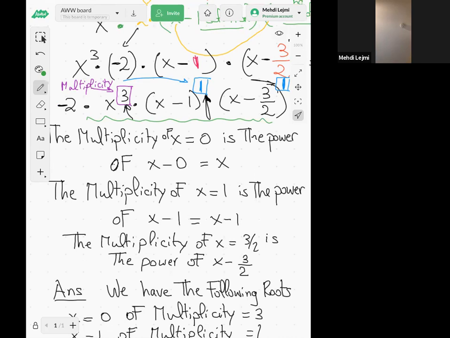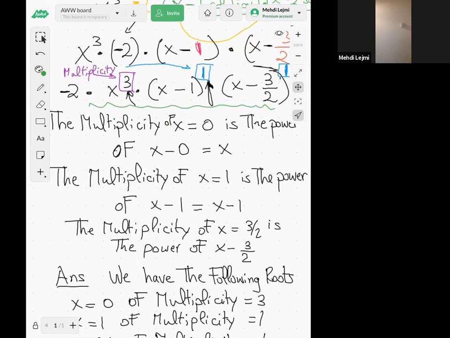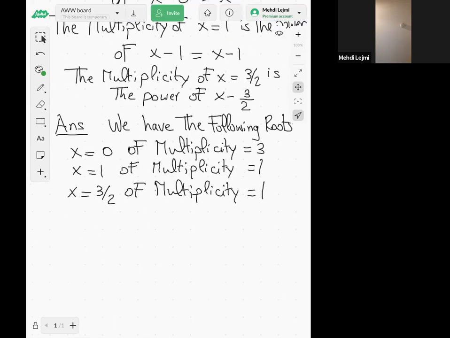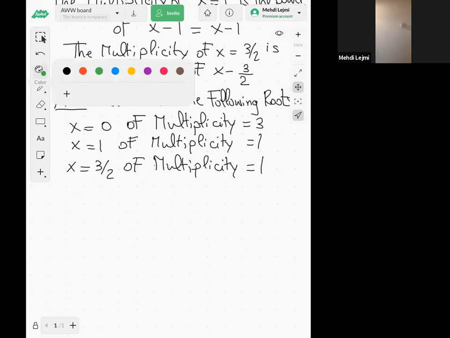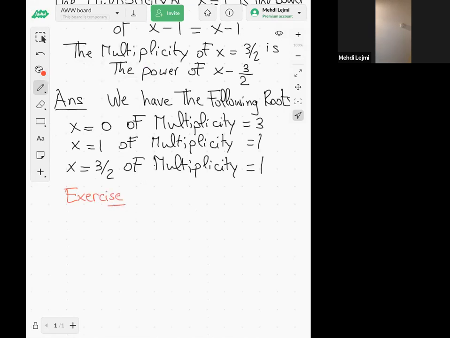All right, so here's an exercise. We need to find the roots and the multiplicities.